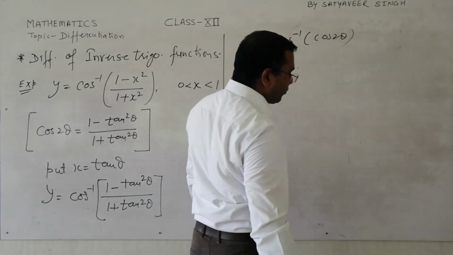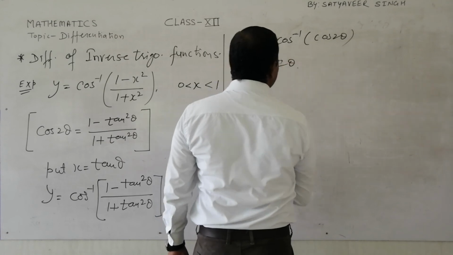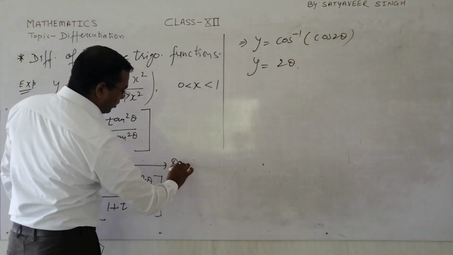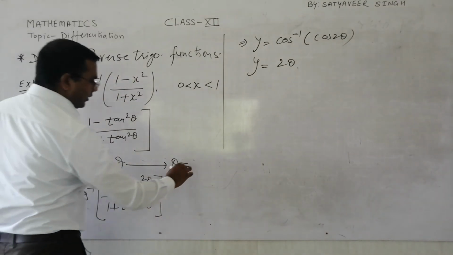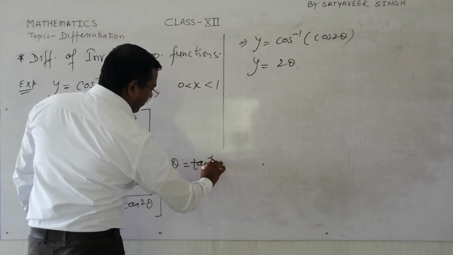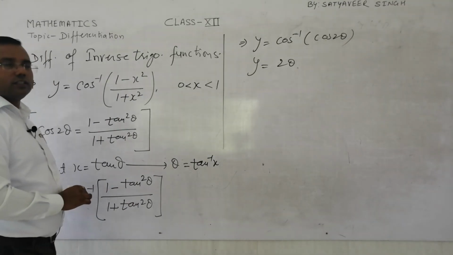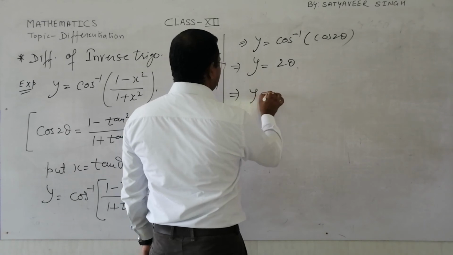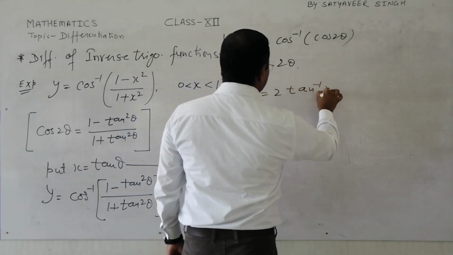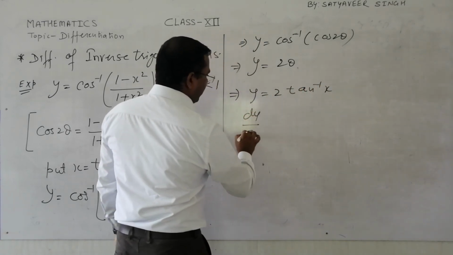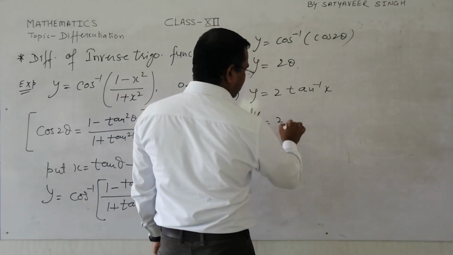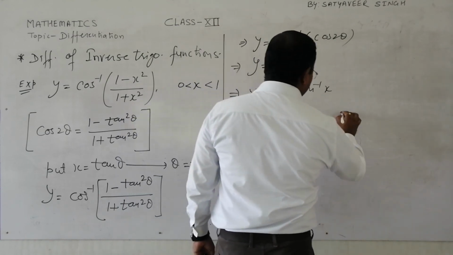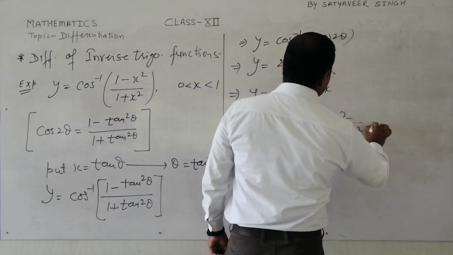Using the inverse trigonometric result, it is equal to 2 theta, and from here again we can find theta. Theta is equal to tan inverse x. So you can replace this now. y is equal to 2 tan inverse x, and dy upon dx is equal to 2 times 1 upon 1 plus x square, which is 2 upon 1 plus x square.